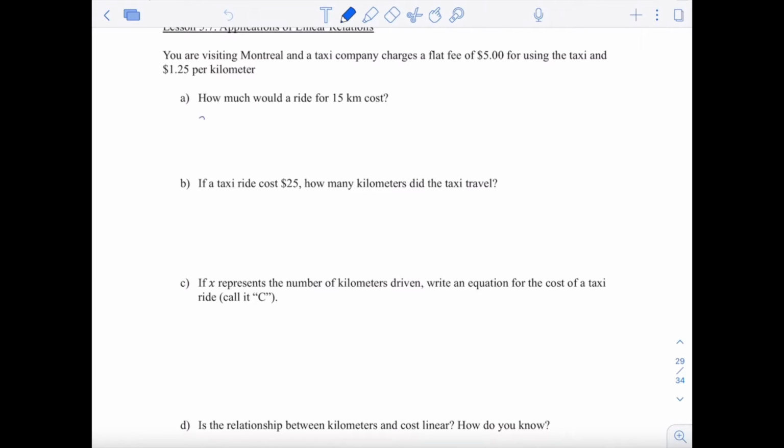So I'm going to use this variable C to represent cost, and I know that it's going to be a $5 flat fee plus $1.25 per kilometer. And if I have 15 kilometers, my equation is going to look something like this. So I am going to get 18.75.